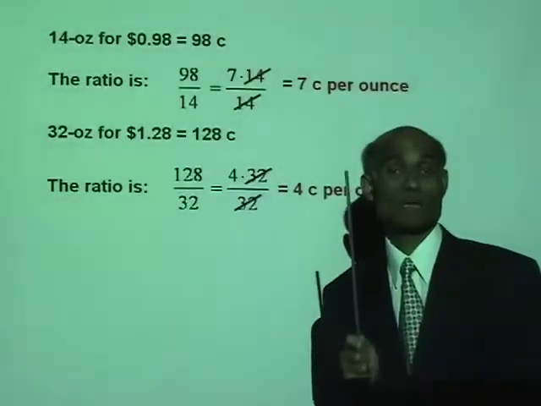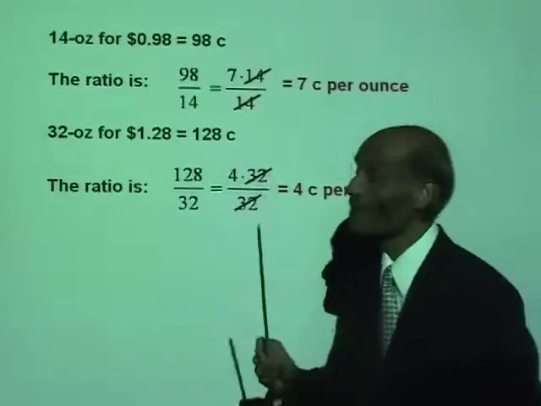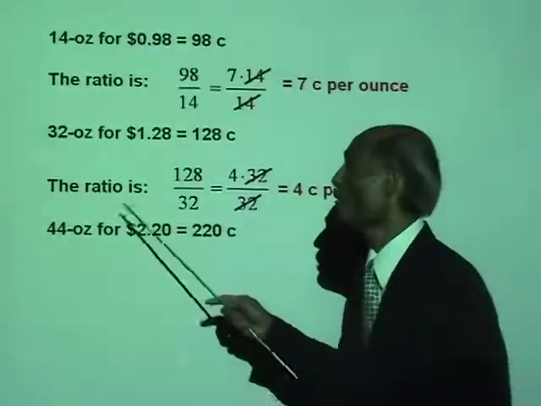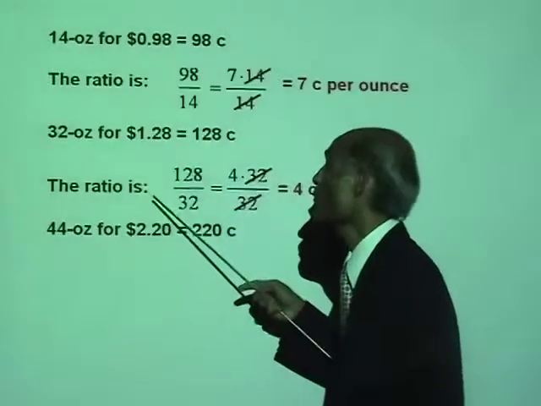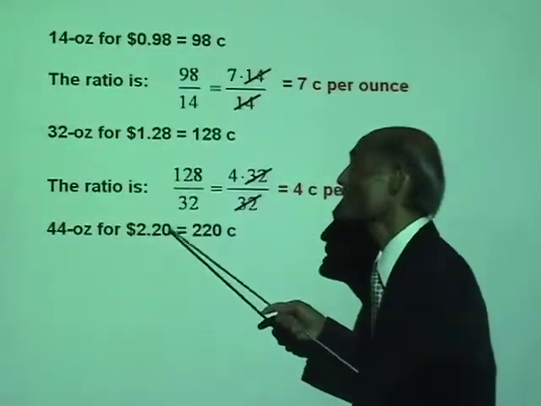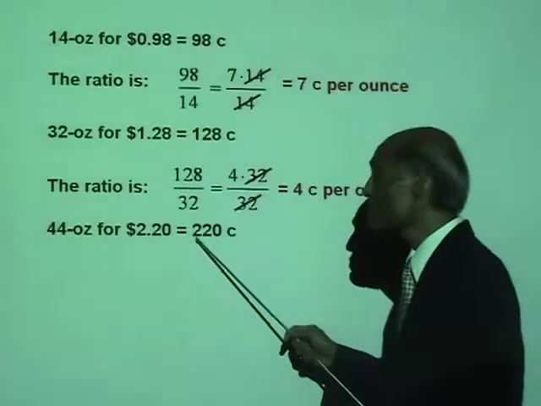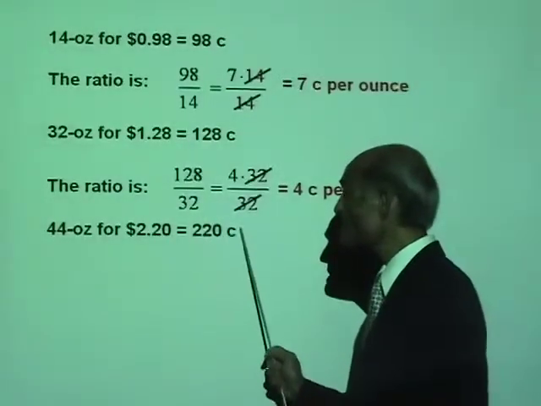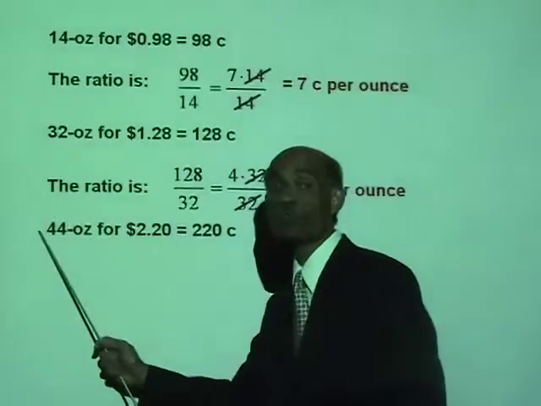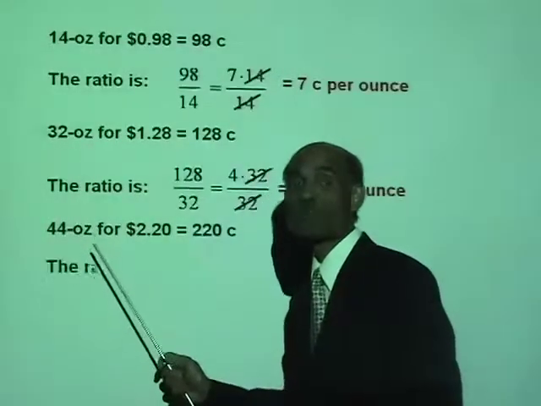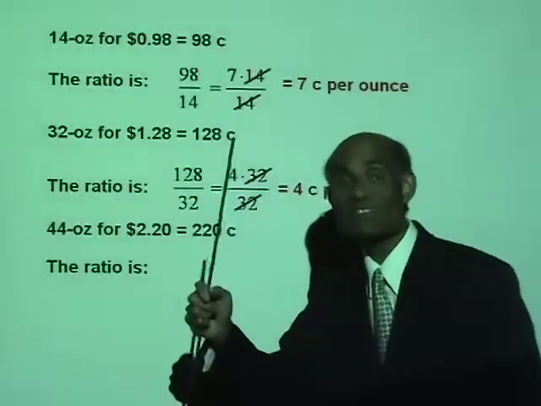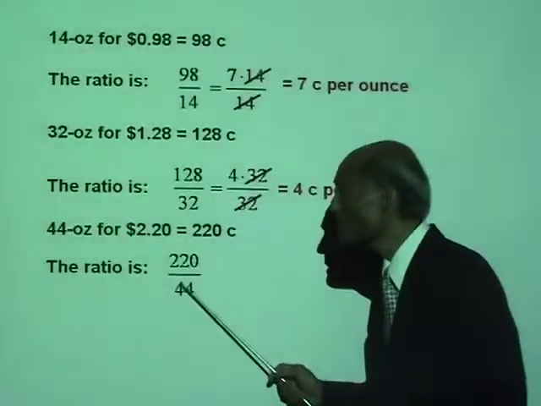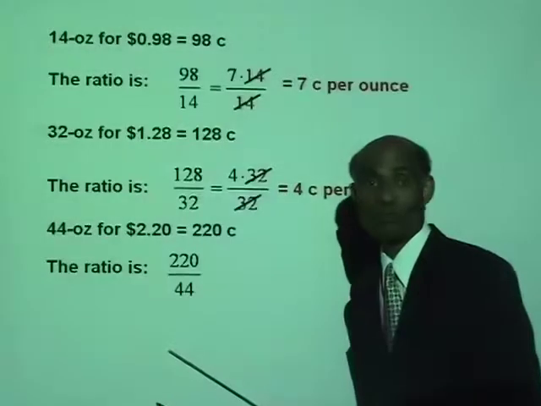Okay, let's go to the next one and take the same ratio. What's the ratio? 44 ounce for $2.20. $2.20 is 220 cents. So 220 cents buys 44 ounce. What is the ratio of cents to ounce? It is 220 divided by 44.